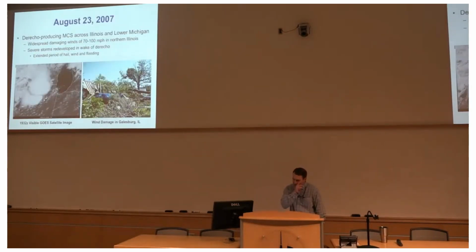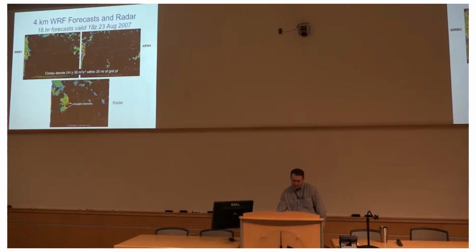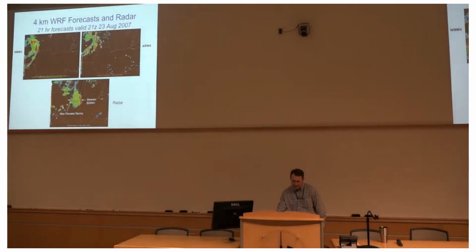Here's a derecho of 2007 in August. You see the swath of wind reports across northern Illinois into southern lower Michigan. And again, you can really see the evolution in the NMM forecast.